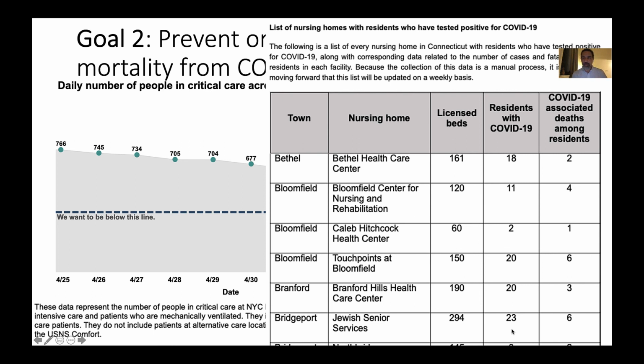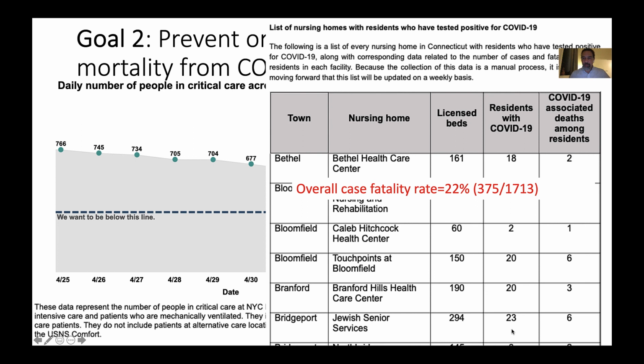This is a table I looked at several months ago about nursing home outbreaks in Connecticut, a state that did publish the number of residents that had COVID-19 and also the COVID-19 associated deaths. I looked across all the nursing homes, and in this case there were about 1,700 cases at the time.